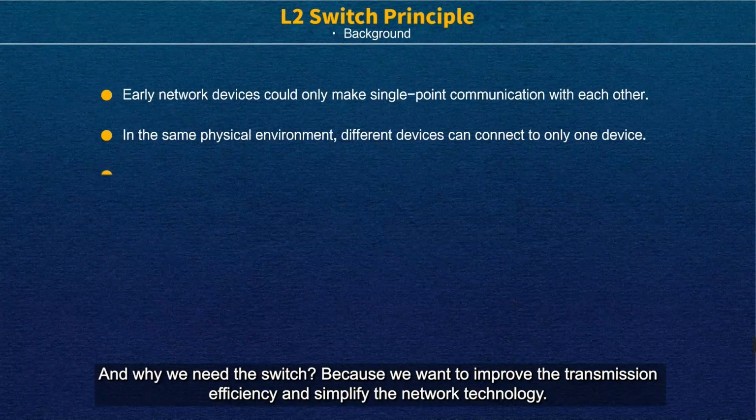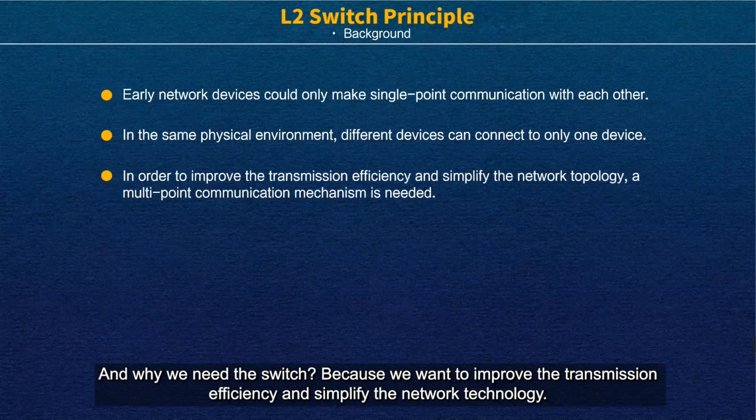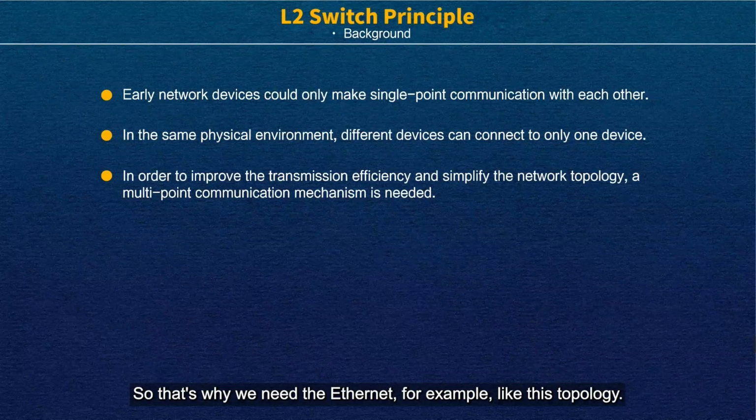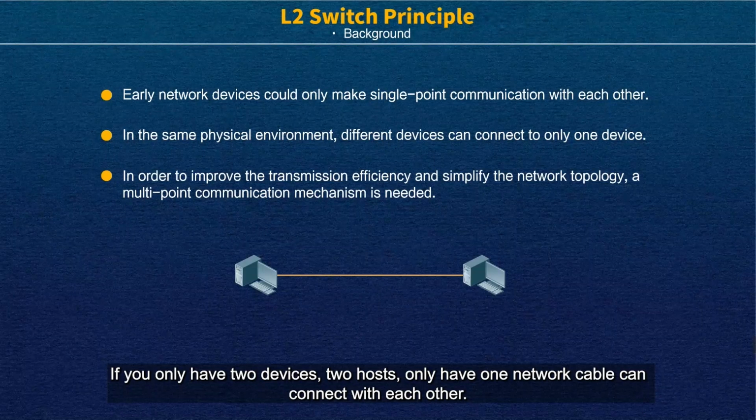And why do we need the switch? Because we want to improve transmission efficiency and simplify the network topology. We hope to provide some technology to make multi-point communication possible. That's why we need Ethernet. For example, in this topology, if you only have two hosts, only one network cable can connect them.